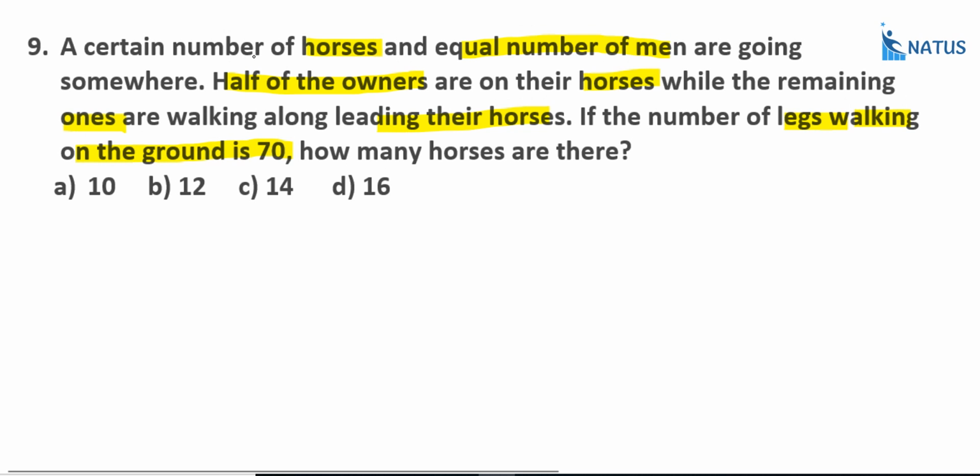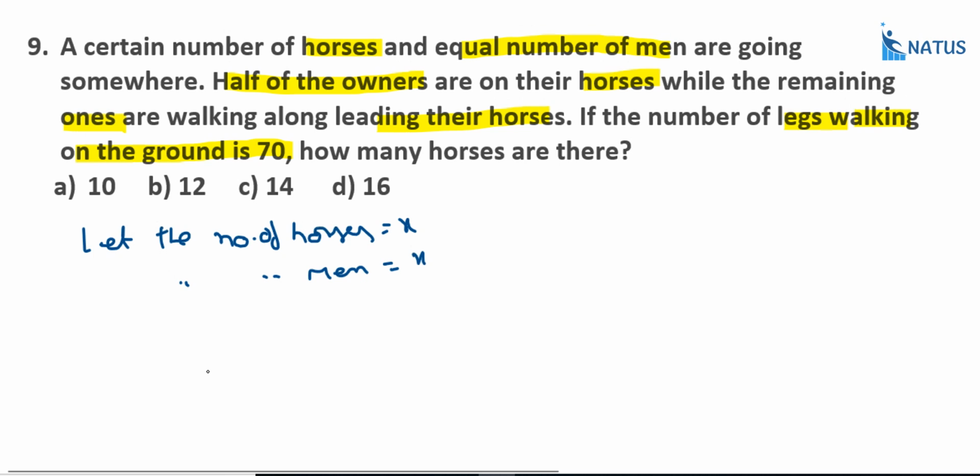See, here it is clearly mentioned that the number of horses is equal to the number of men, right? Now, let the number of horses be x, and the number of men is also x, right?